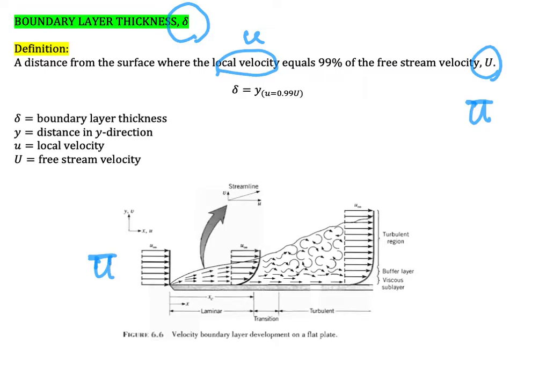But the small u velocity here represents the velocity inside the boundary layer, at this point. So we are talking about the boundary layer thickness. The boundary layer thickness is actually measurable.